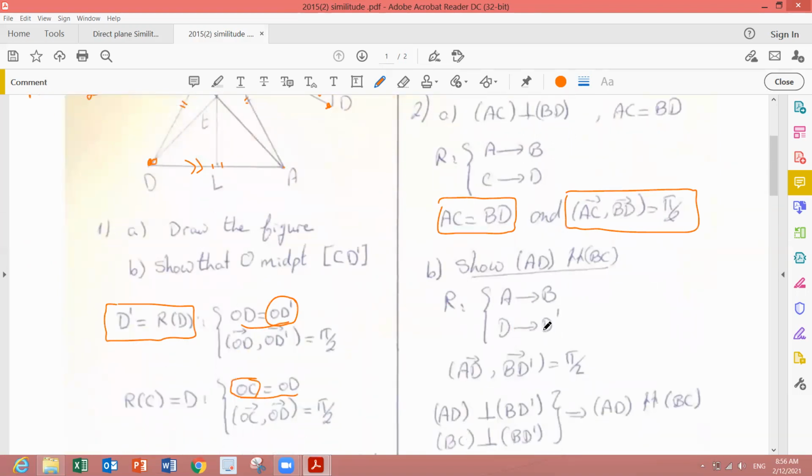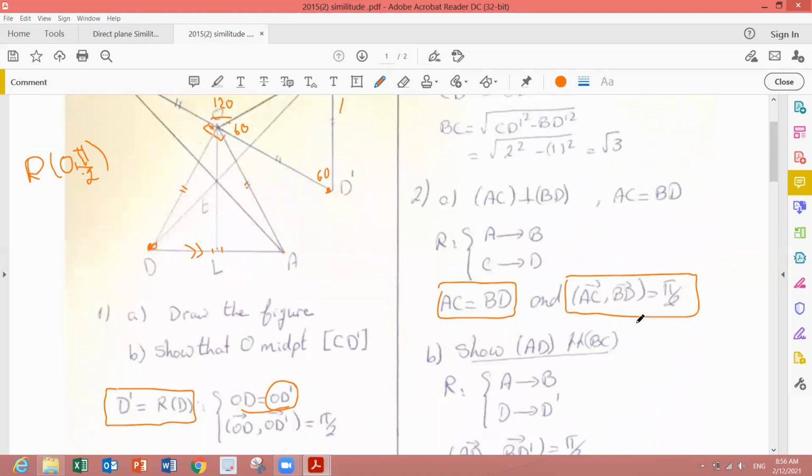Okay. If two lines are perpendicular to the same line, they are parallel, yes?